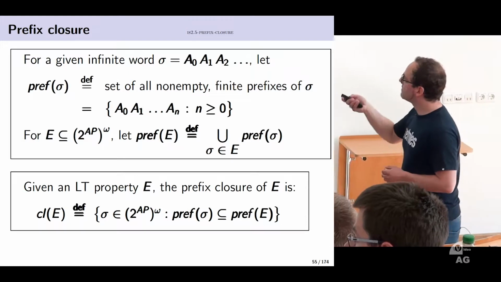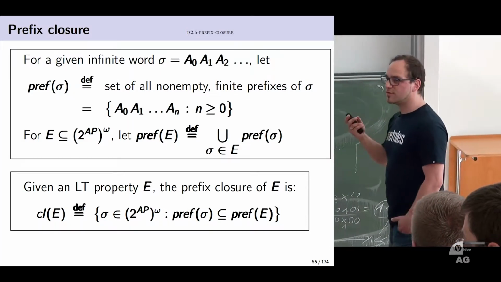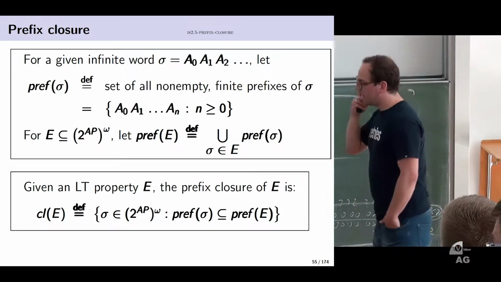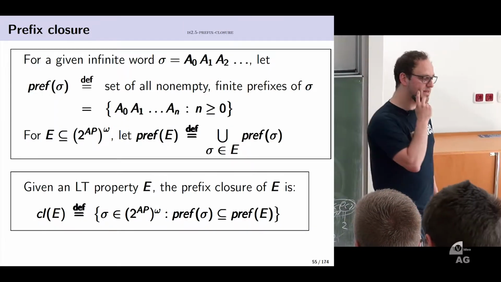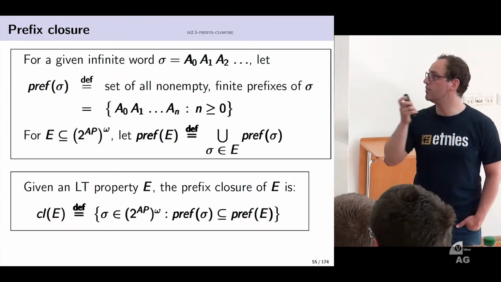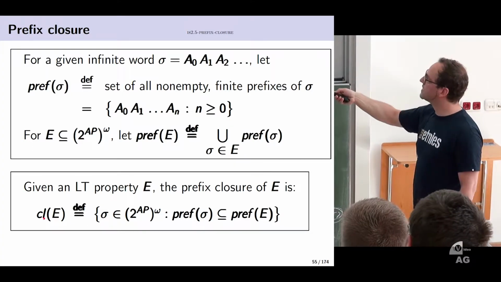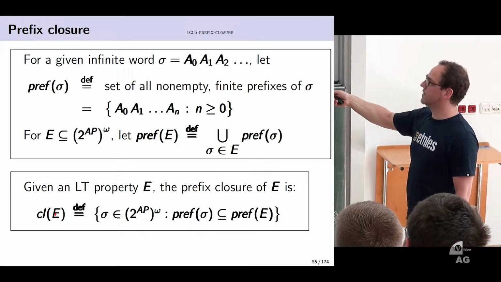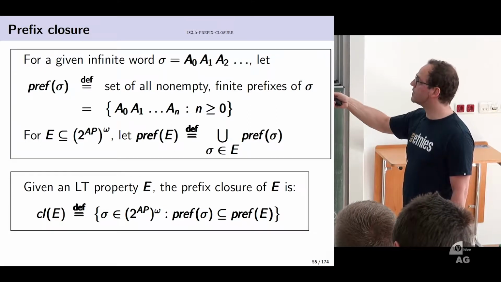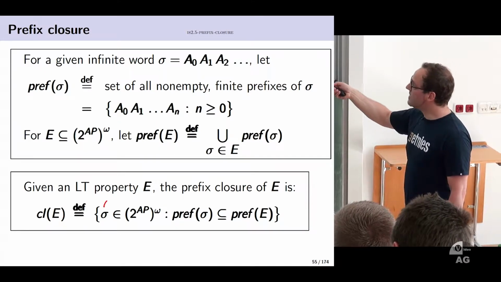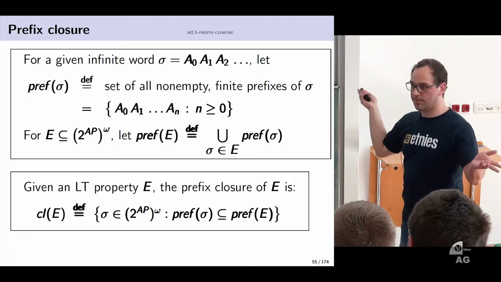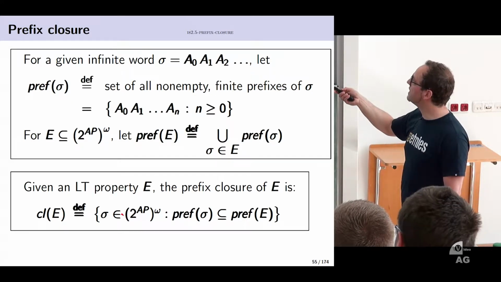Now this definition, for me it always takes some time to process, defines the prefix closure of a linear time property. So we have a linear time property, a set of infinite words, and we say the closure of this set of infinite words is again a set of infinite words. But what kind of words are contained in there?